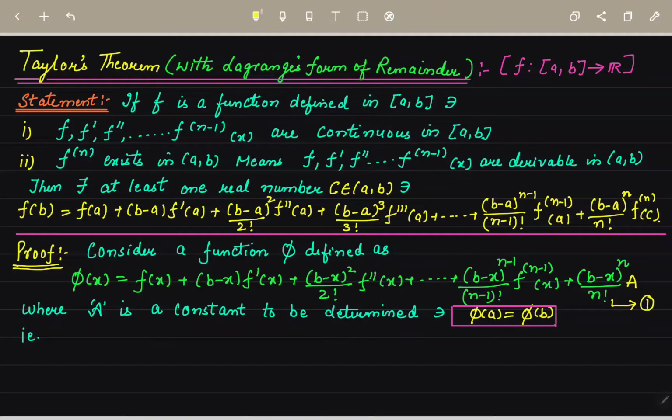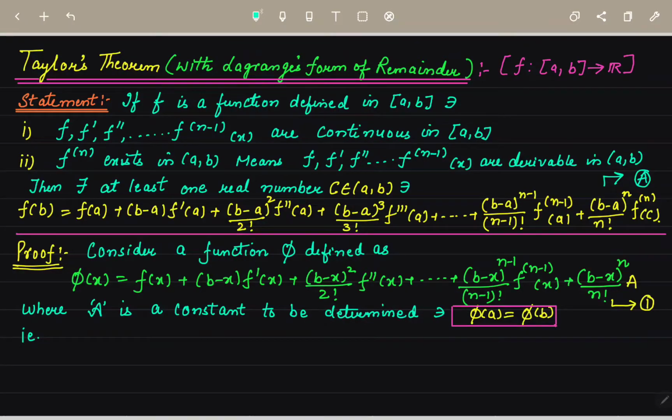I will write this as equation number A. The function which I will define here is similar to the function as defined in equation A. After defining the function, I have to basically find the value of this constant A. After finding the value of this constant A by using Rolle's theorem, I will at last substitute this value in the main equation. So from there the theorem will get satisfied.